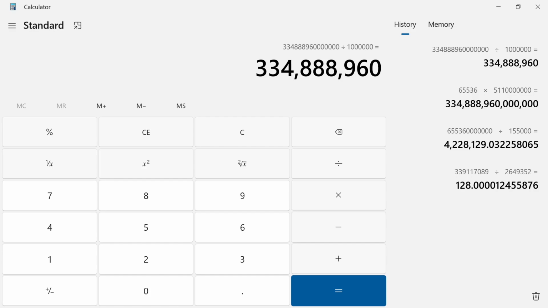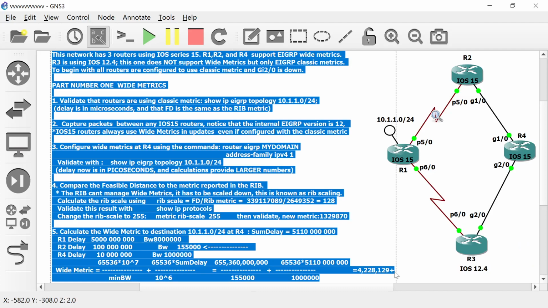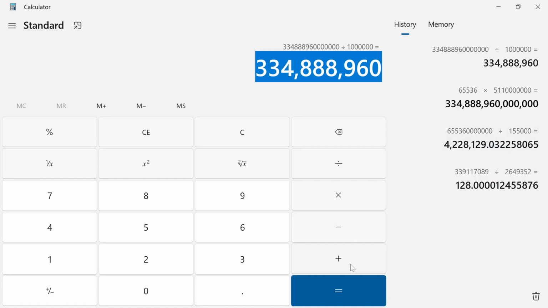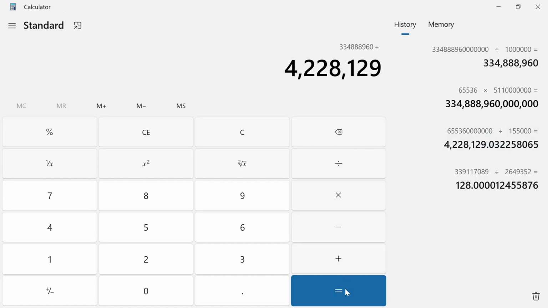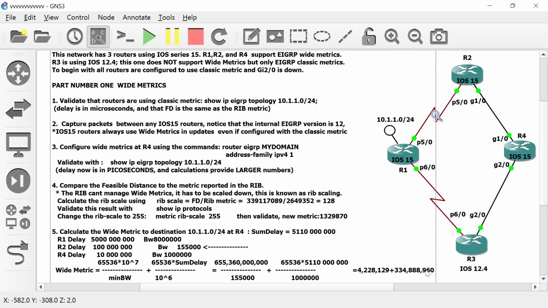This is the result. And we'll have to add the two parts together, plus this, and this is the result of the calculation. The calculation must be done in this order in order to be successful.